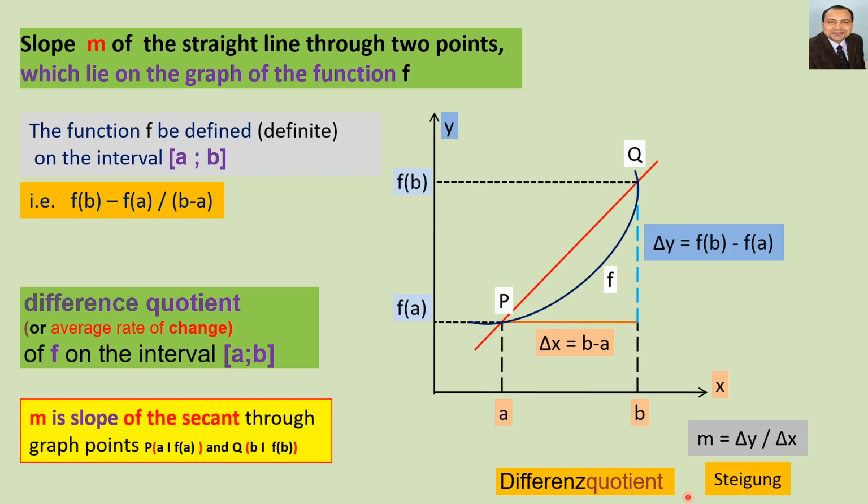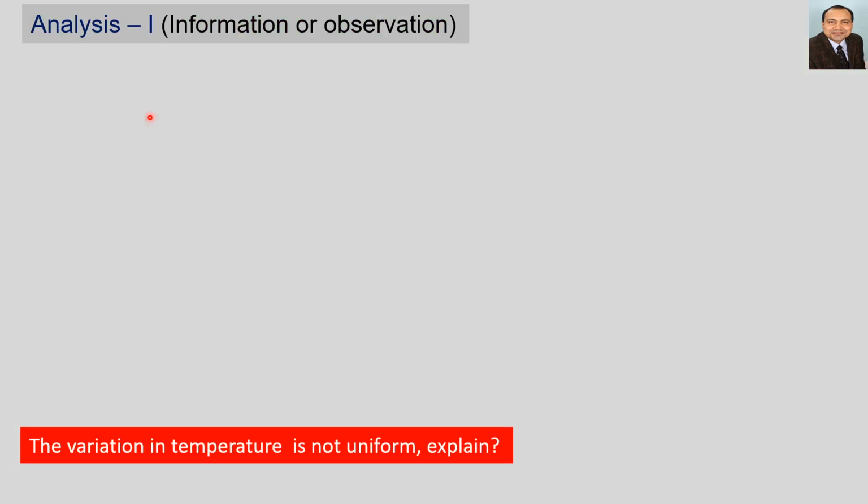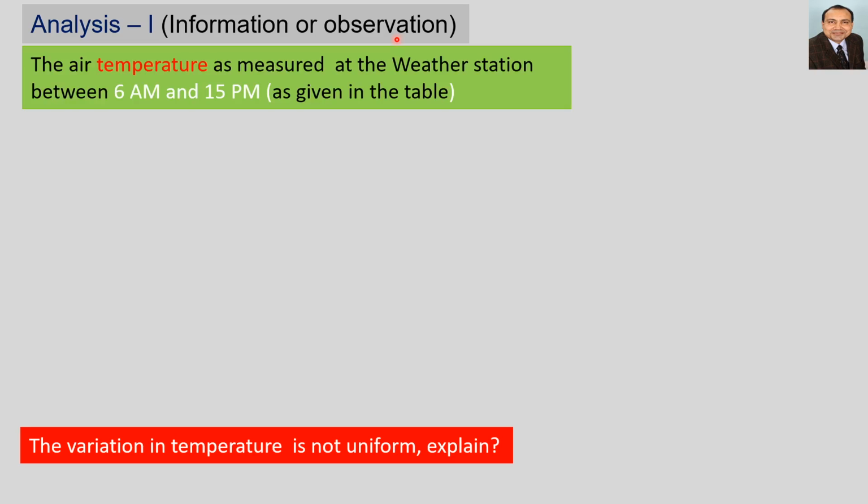The difference quotient, in German Steigung. In analysis, first, information or an observation is given in the form of a table or pairs. For example, the air temperature as measured at the weather station between 6 a.m. and 15 p.m. The observation is standardly made at a 2-meter height from the surface of the Earth.